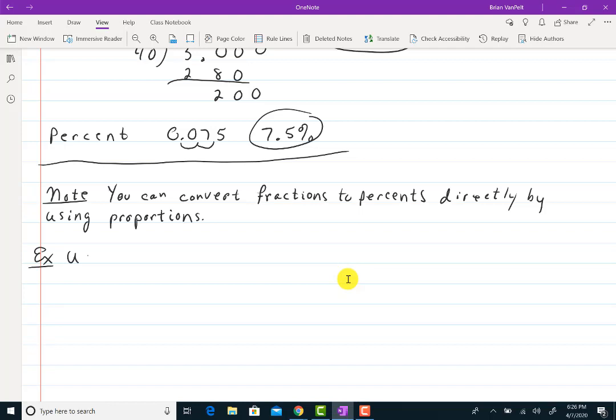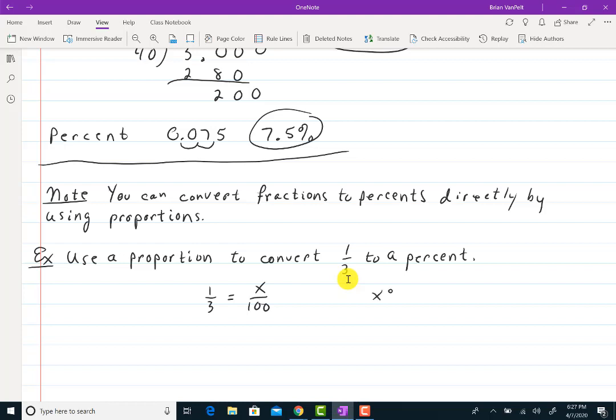I want to use a proportion to convert 1/3 to a percent. So what I'm trying to do is this. I'm trying to figure out 1/3 equals x over 100.